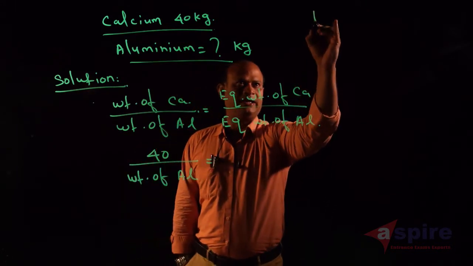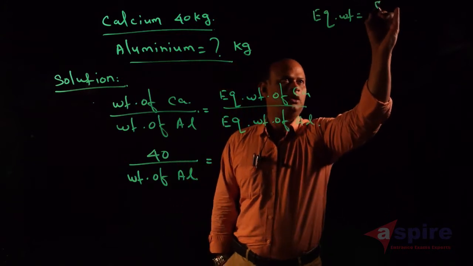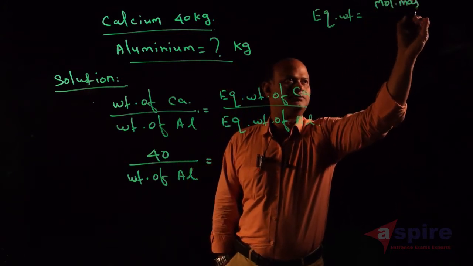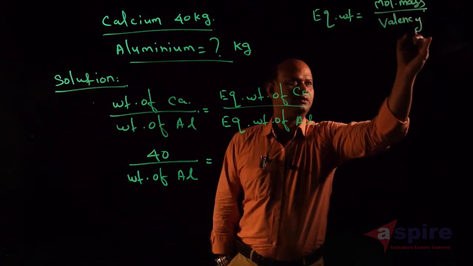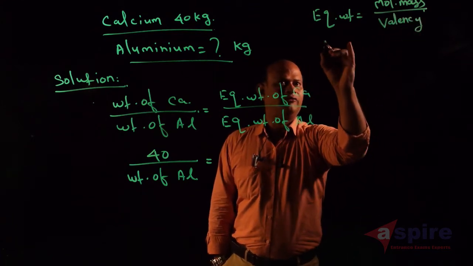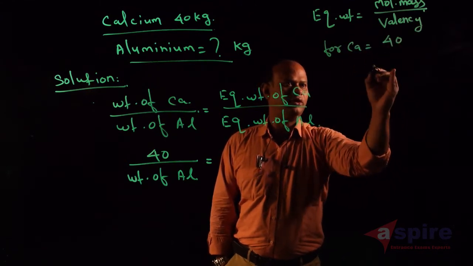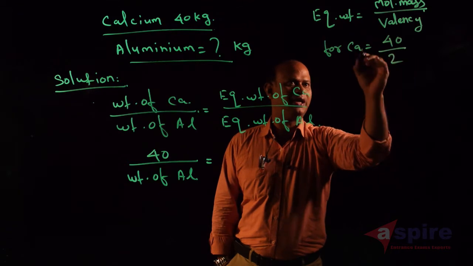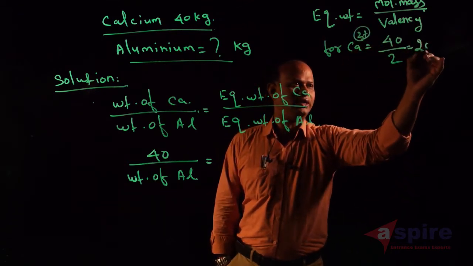What is equivalent weight? Equivalent weight is calculated as molecular mass divided by valency. For calcium, the molecular mass is 40 and the valency is 2 because Ca2 plus. So we get 20.